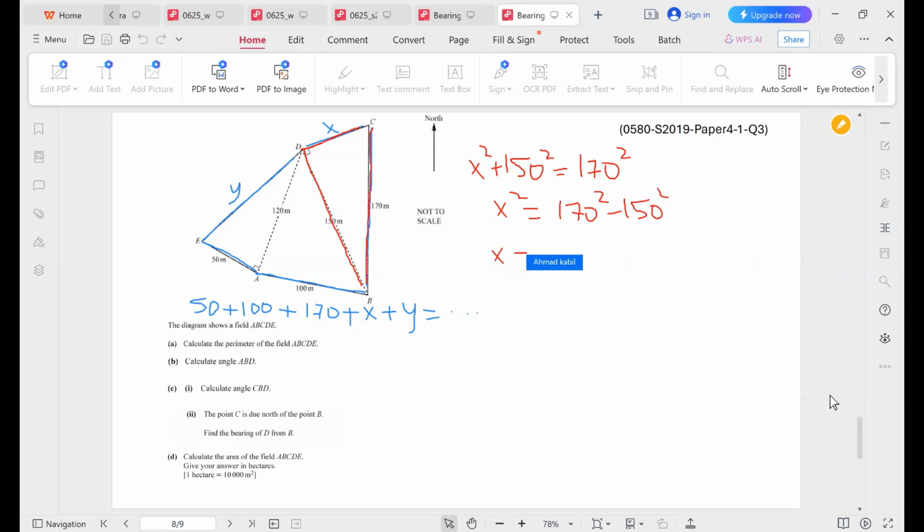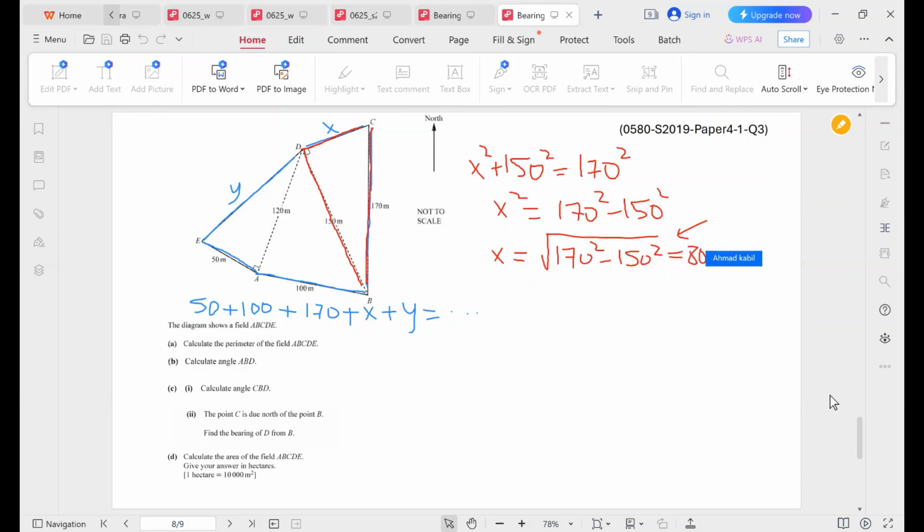So x equals root of 170 squared minus 150 squared. Of course, some people prefer using this step directly by simply subtracting the other side from the hypotenuse. This would work. You don't have to reach this step using the previous 2 steps like I did. I just use the longest method so that everybody is on track. So anyway, here you have root of 170 squared minus 150 squared, which is 80. So x here is 80.